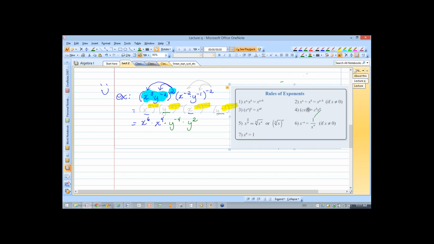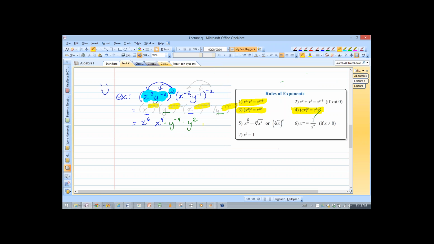So far, in this box, we've used this rule combined with number 4, 3 and 4 kind of combined here. And now we're about to go into rule 1, the very first one, where we multiply straight across. The forms with like bases, those are the ones where we add the exponents.